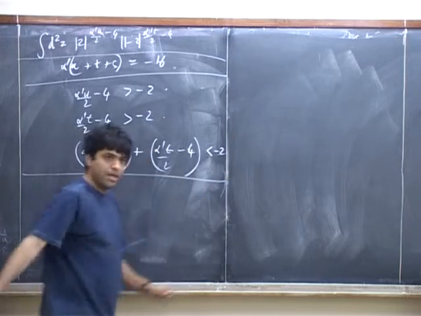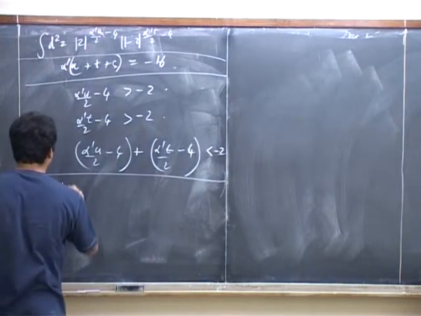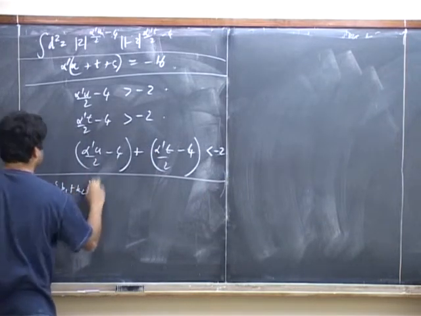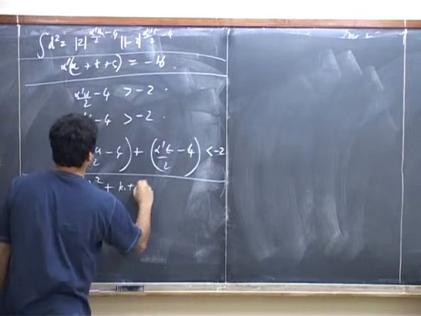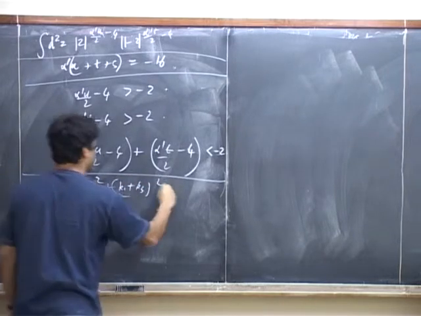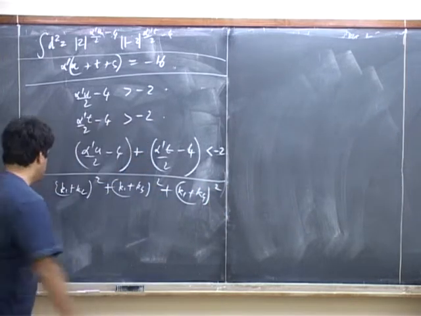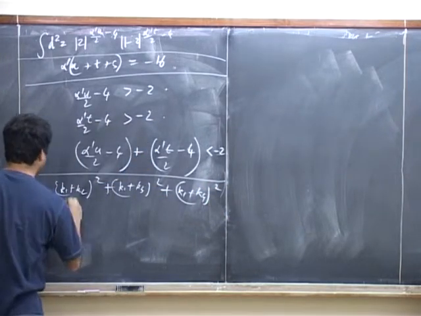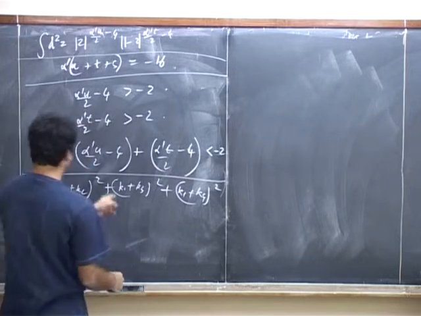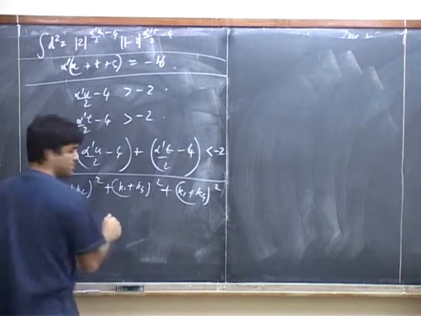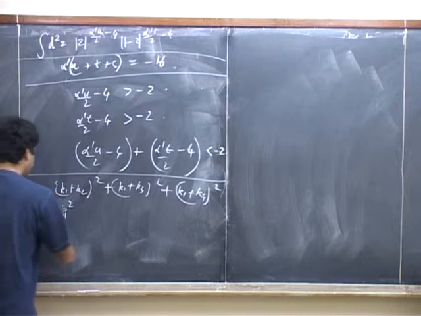Let's quickly check. So what was it? k1 plus k2 the whole thing squared plus k1 plus k3 the whole thing squared plus k1 plus k4 the whole thing squared, which is 3k1 squared, and then from momentum conservation we got another minus 2k1, so that's k1 squared.